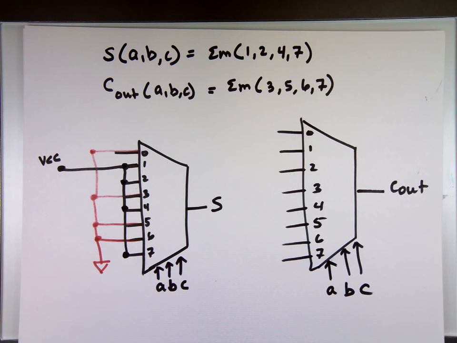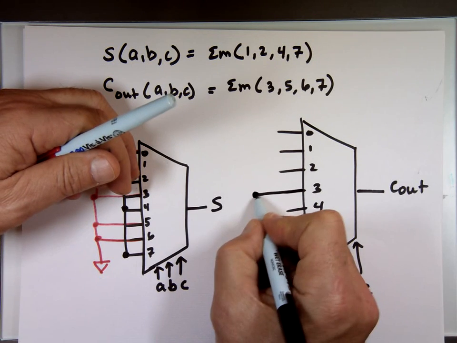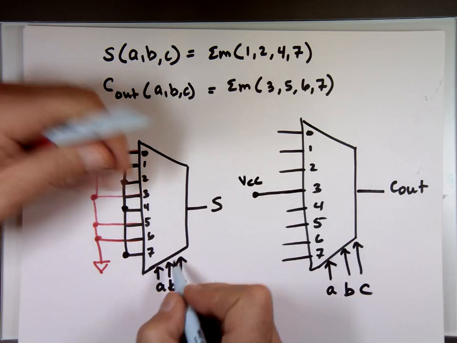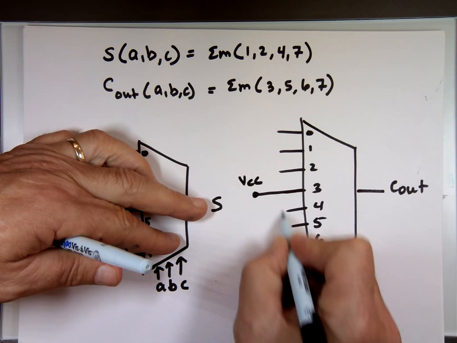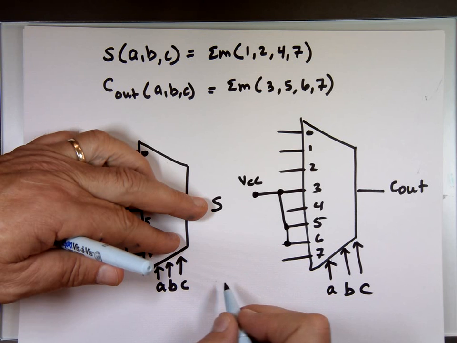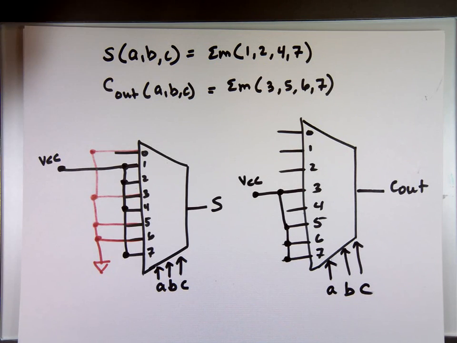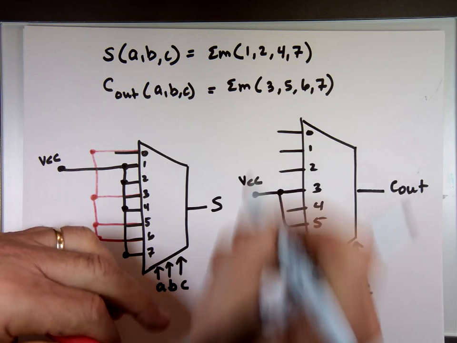So this is going to be VCC where? At 3, 5, 6, 7. The rest should be what? Ground.